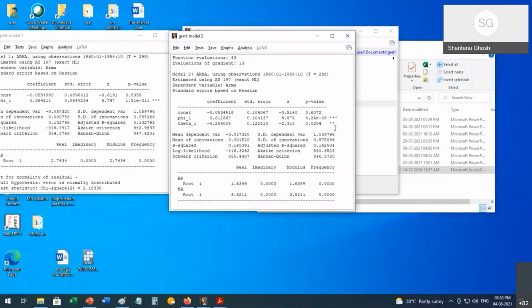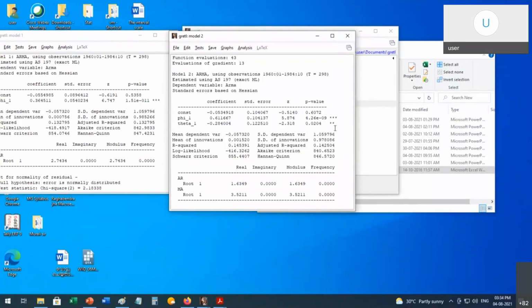No, that is the problem. Whether the correlogram says it is AR1 or AR2 or MA1 and MA2. See, I have shown you the correlogram for an MA1 process, right? Yes, sir. And we were not able to identify whether it is an MA1 or AR1. So it can so happen with the sample data. And that is why we have to do the trial and error method.